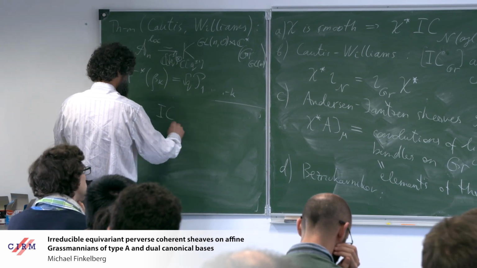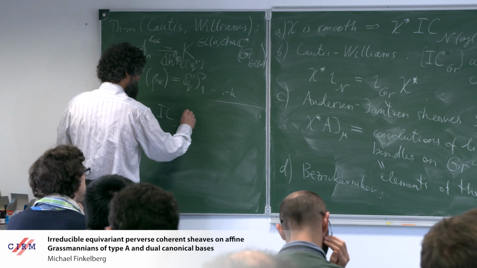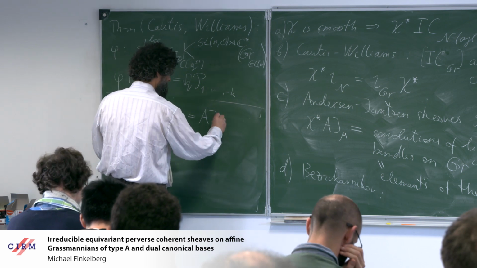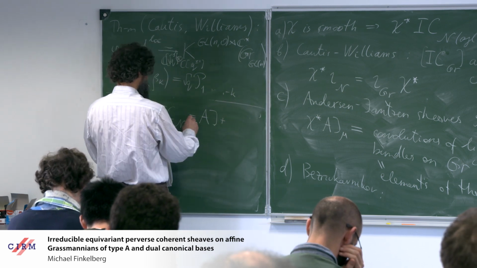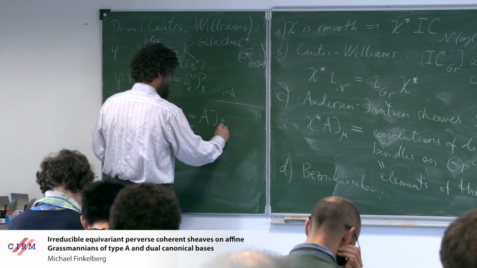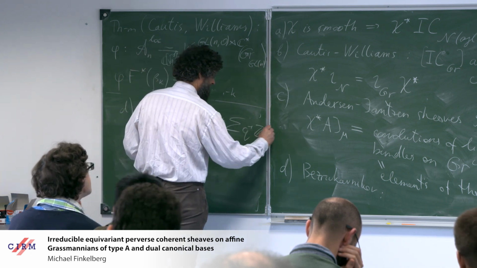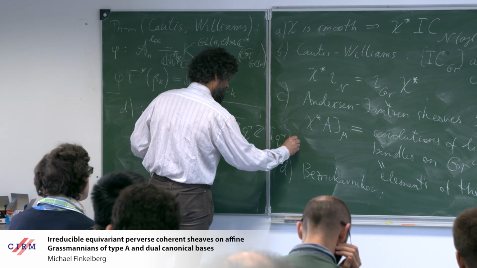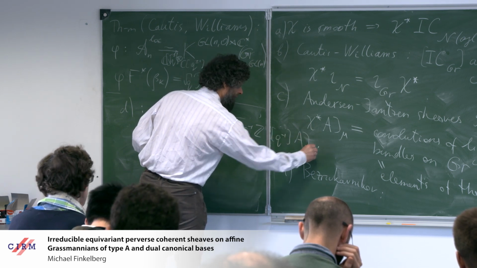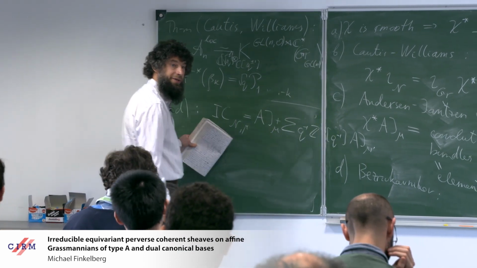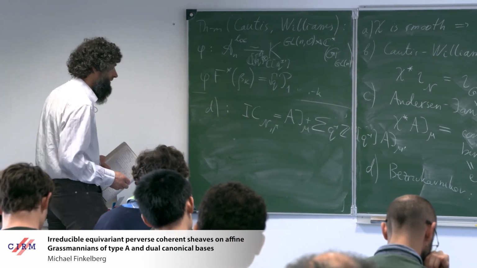So the IC on the nilpotent cone is the Andersen-Jantzen sheaf, well, say for mu, plus the sum of terms with coefficients in Q inverse, like this. Okay, this is the positivity property of Bezrukavnikov using all the strength of his theory.